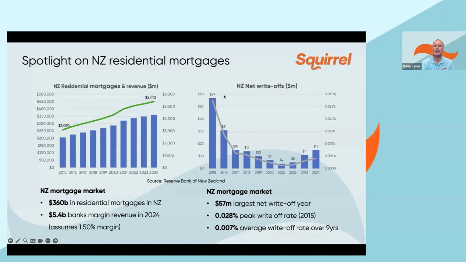Okay, so that's what the scheme is. That scheme is expected to go live later in 2025. I don't think the Reserve Bank's given us an exact date of that. At this stage, there are about 30 banks and non-bank deposit takers involved in that, or expecting to be involved in that scheme.